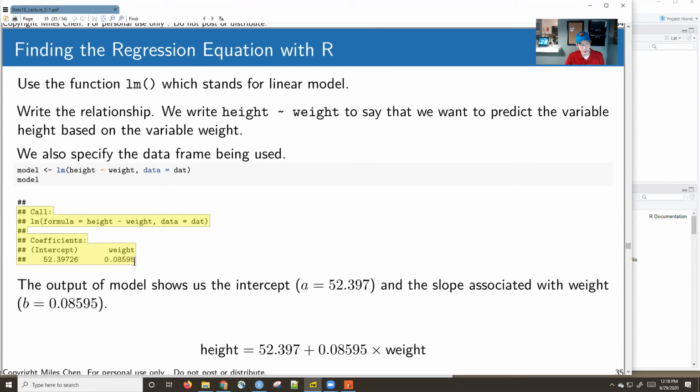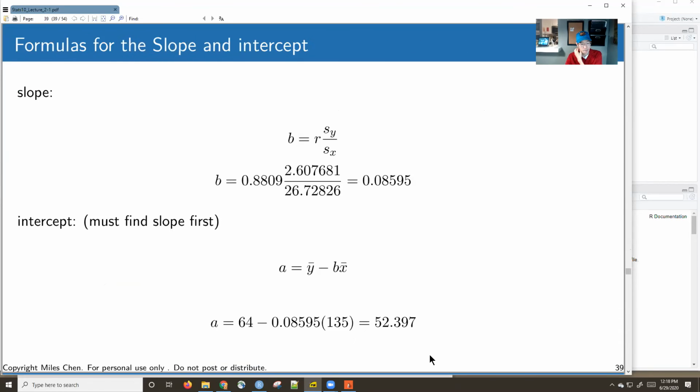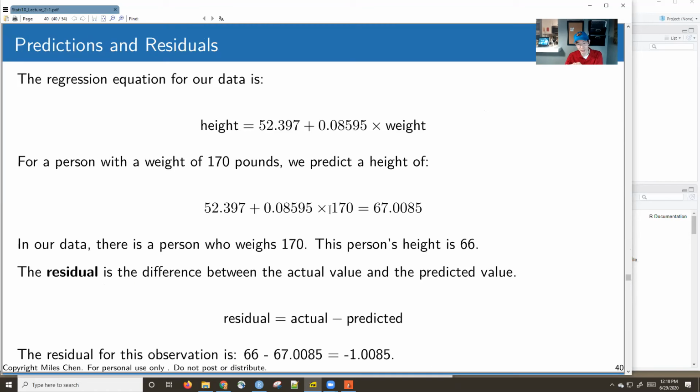So with this output, what is the predicted height for someone who weighs 170 pounds? I would expect you to go from this output to this equation, and once you have this equation, plug in the number 170 and give me the predicted height of 67 or something like that, okay?